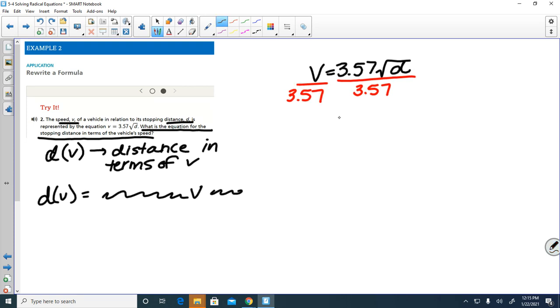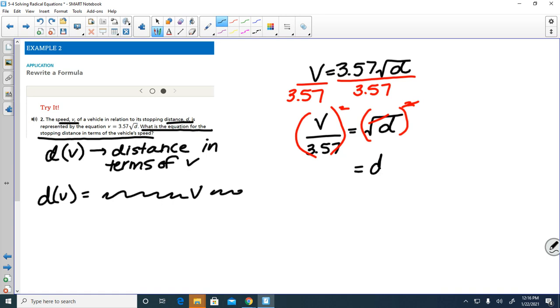So now I have v over 3.57 equals the square root of d. So then, since I have the square root, I can square both sides to undo that square root. So when you square, it cancels out the square root. So on the right side, I'll have d.